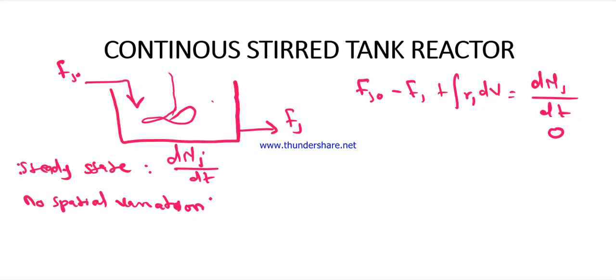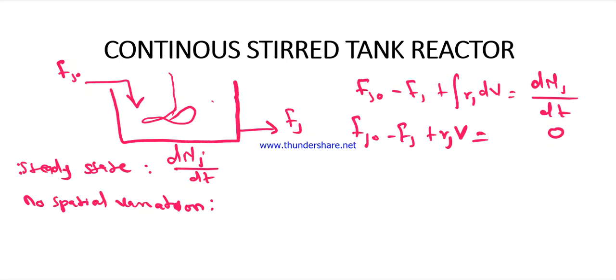Similarly, because it is well mixed, there's no spatial variation in the rate of reaction. In that case, we have our Fj0 minus Fj, and we remove the reaction term, the generation term, from the integral.